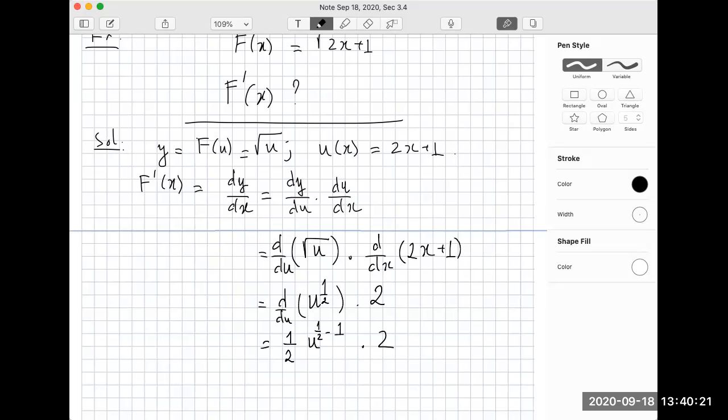But here, 1/2 minus 1 is negative 1/2, right? And the number 2 here cancels with 1/2, right? 1/2 times 2. Therefore, finally, it will be u to the negative 1/2.